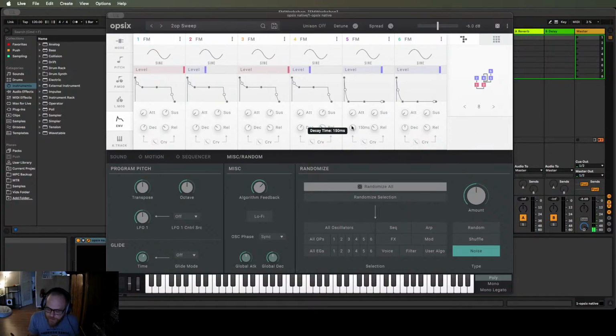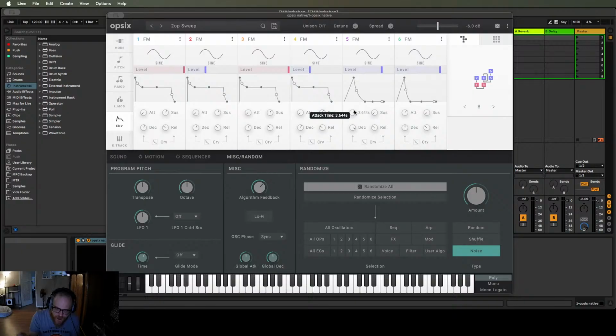So you could use that to create a string buzz, for example, or any sort of effect. It doesn't have to be an attack effect. It could also just as easily be something that comes in. An attack effect is a very musical, natural thing.